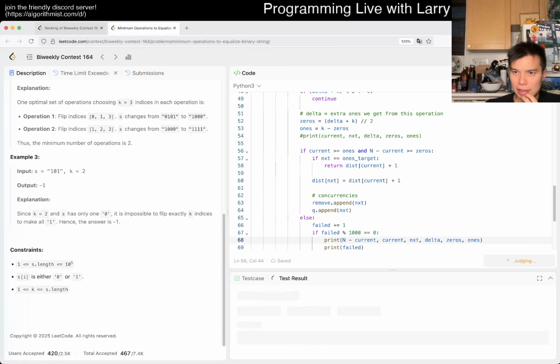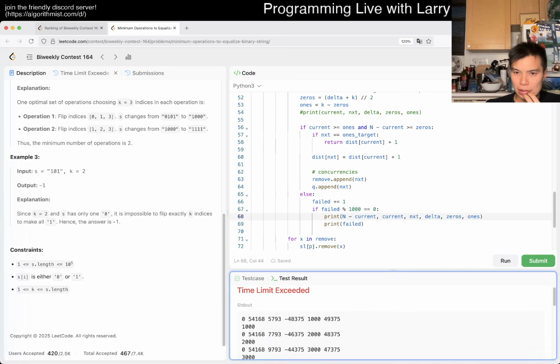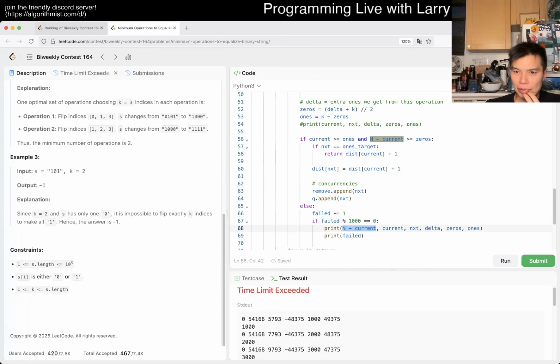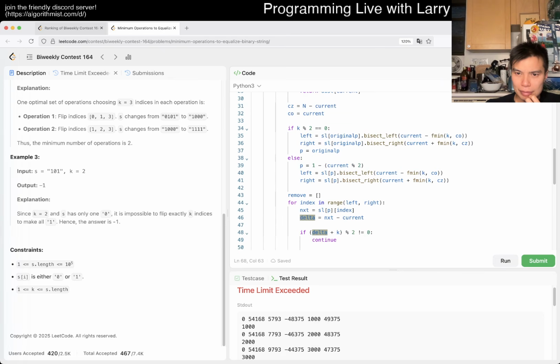I hope so, because then I could actually fix it. Doesn't make sense to me though, necessarily. Okay, so no zeros, but we're still looping through all these deltas on the negative side. Did I mess this up on the delta? Binary search on a current.